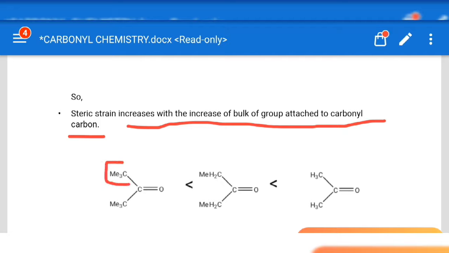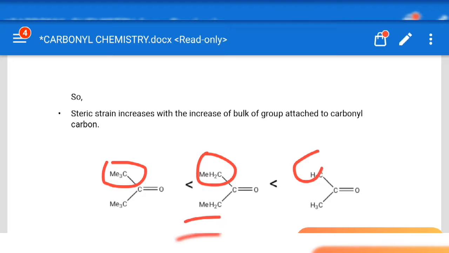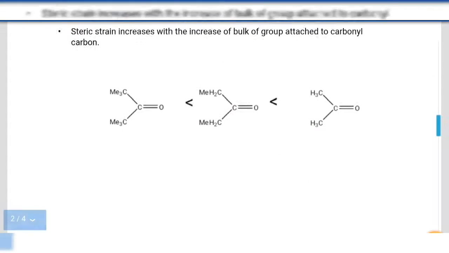When a CMe3 group, a tertiary butyl group, is attached to the carbonyl carbon, it is a bulkier group than CH2Me or CH3. So when the bulkiness of the attached group decreases, the rate of the reaction increases.